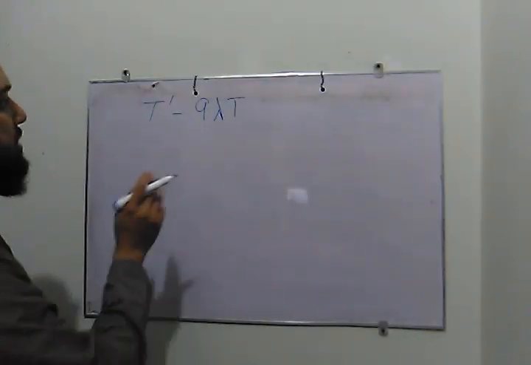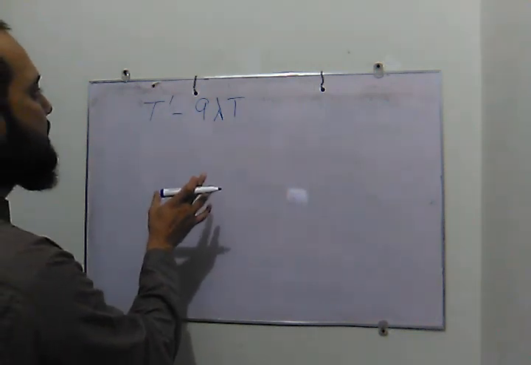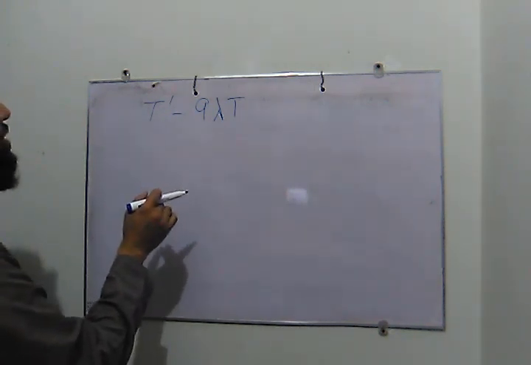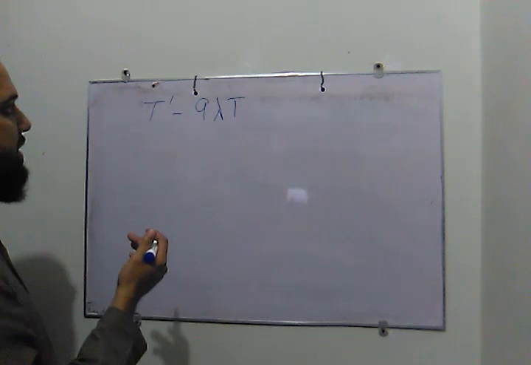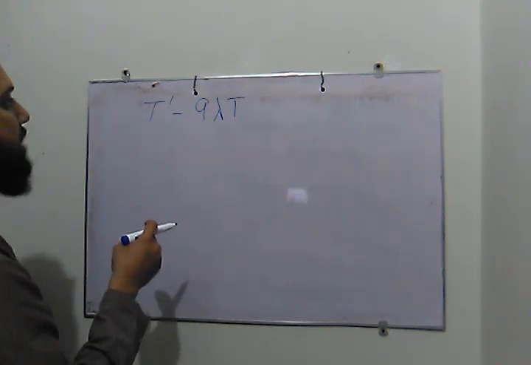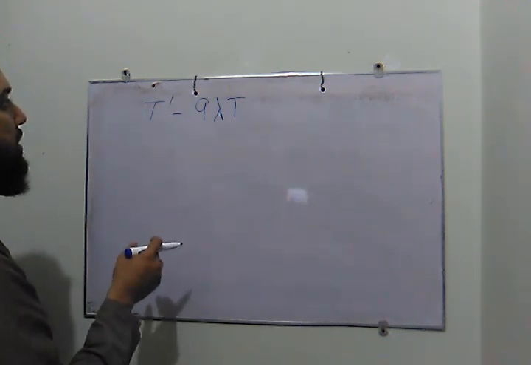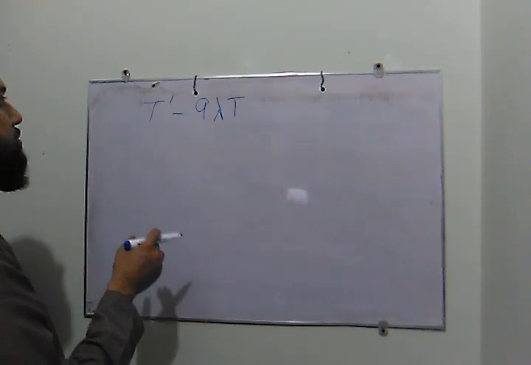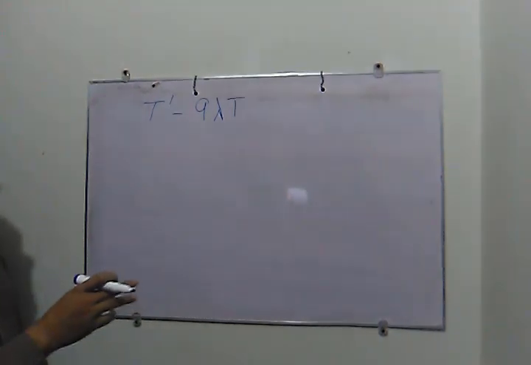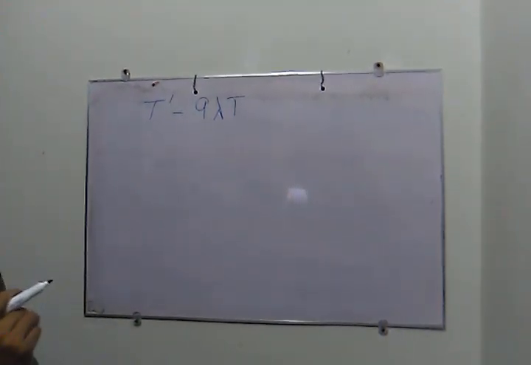We will encounter this kind of equation in the heat equation, and maybe at that time I will be able to write the result directly without solving it, but it is better to see the solution so you can confirm that the solution is something like this.